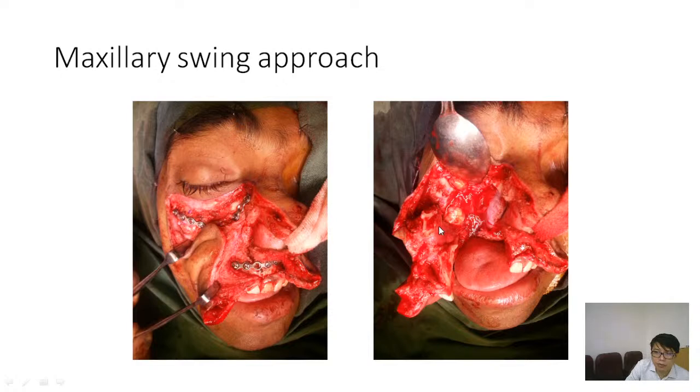So the blood supply of the bone is received from the cheek skin, and we place it back again after removing the disease from the nasal cavity, nasopharynx, and the infratemporal fossa. And we can fix it with plates after bringing it back to its normal position.